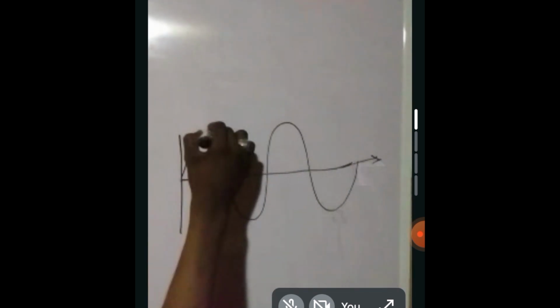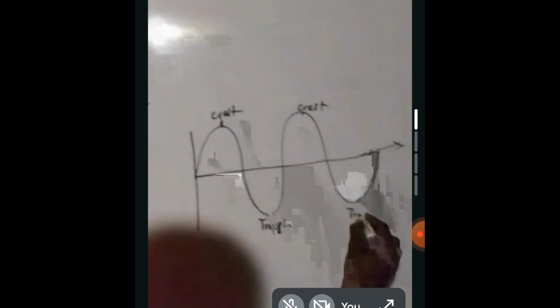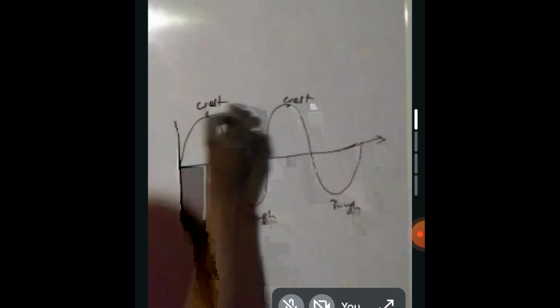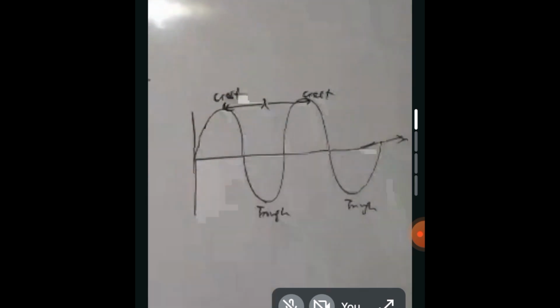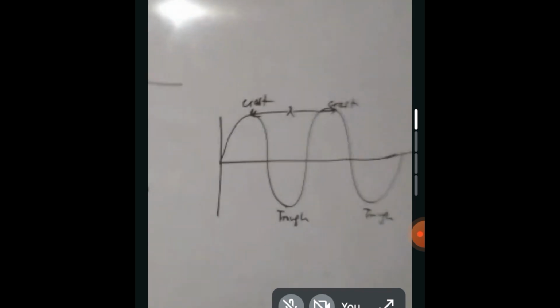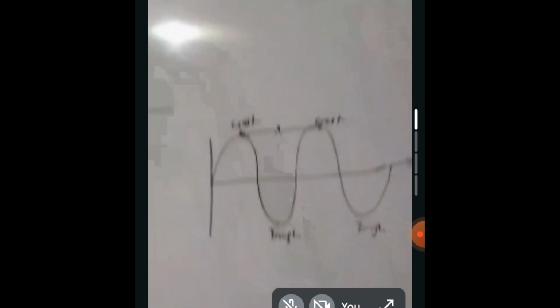This is a crest, this is another crest, this is a trough, and this is another trough. The distance between two successive crests or troughs is known as the wavelength of the wave.